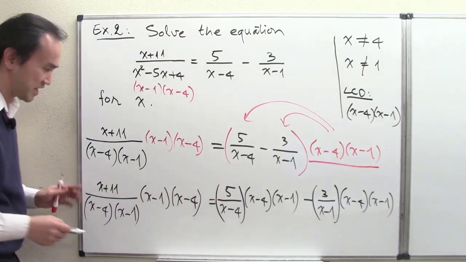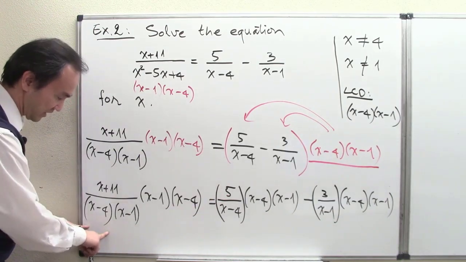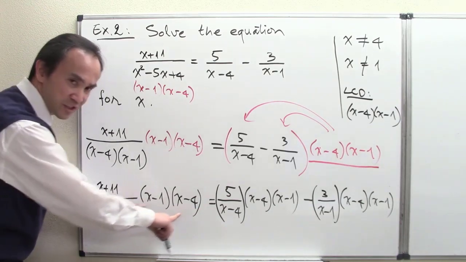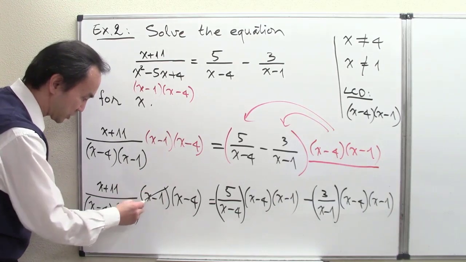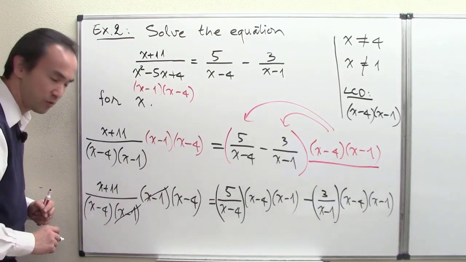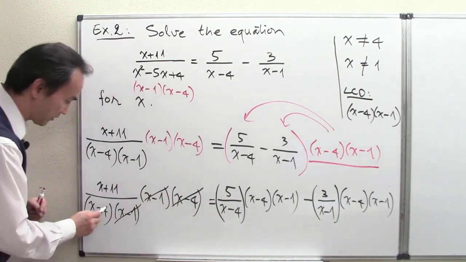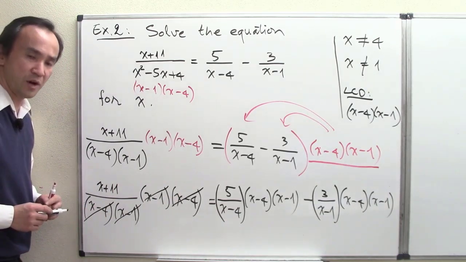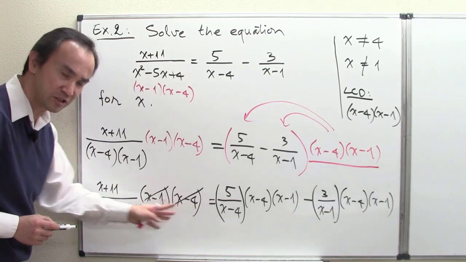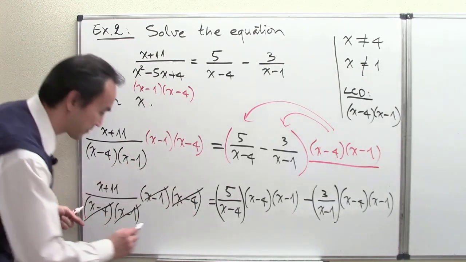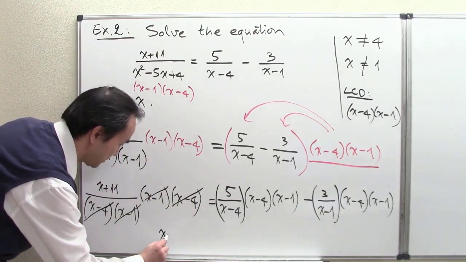The big terms have common factors between the denominator and numerator. So x minus 1 is a common factor that gets cancelled, and x minus 4 is a common factor that gets cancelled. The resulting term on the left-hand side comes down to x plus 11.